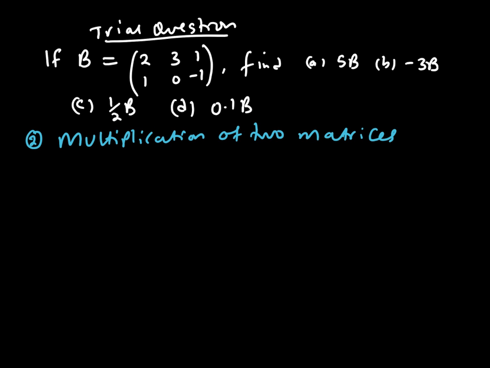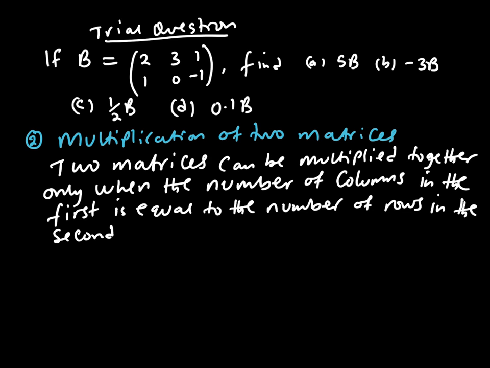So after scalar multiplication, under multiplication of matrices, we talk about the multiplication of two matrices. When do we multiply two matrices? Okay, let's put down some literature. Under multiplication of two matrices, the point of emphasis is 1: two matrices can be multiplied together only when the number of columns in the first is equal to the number of rows in the second.